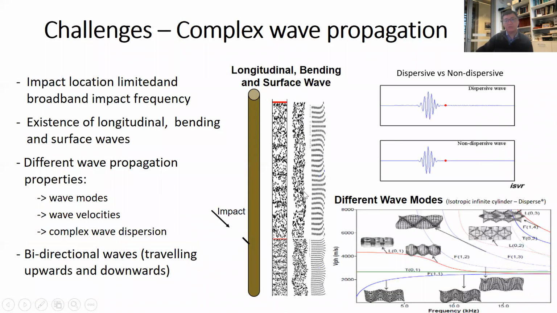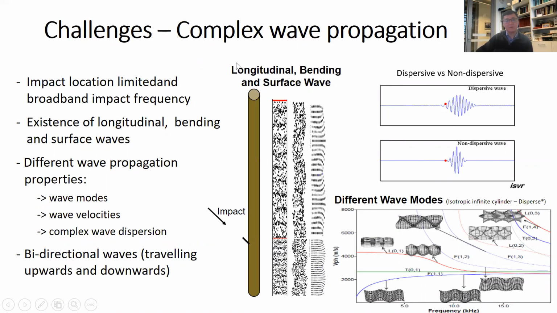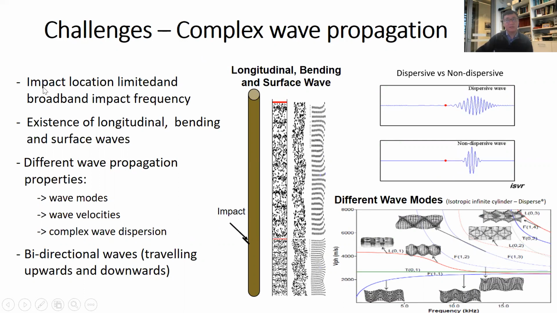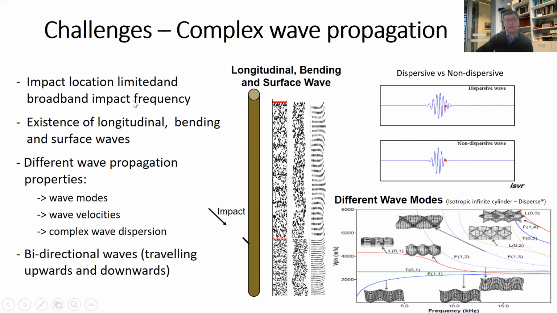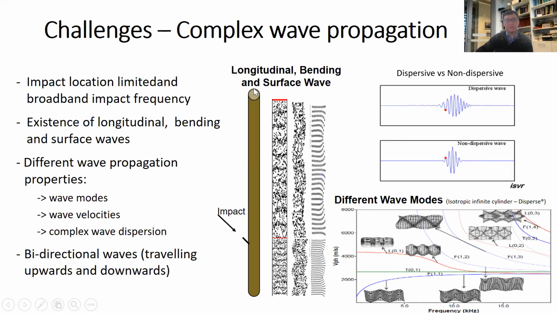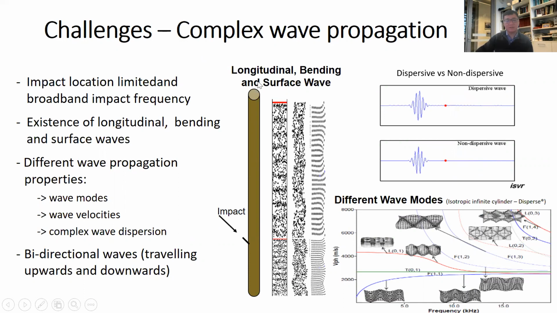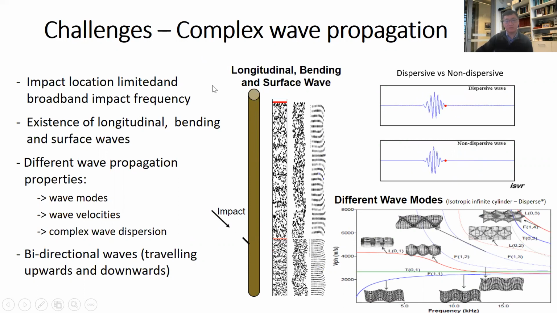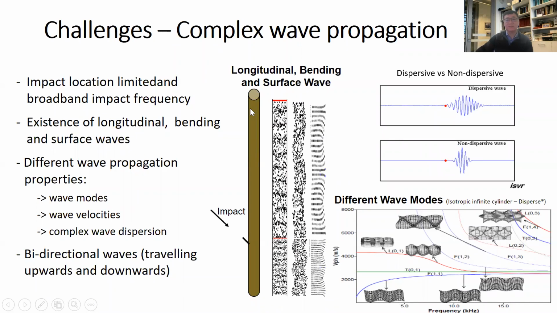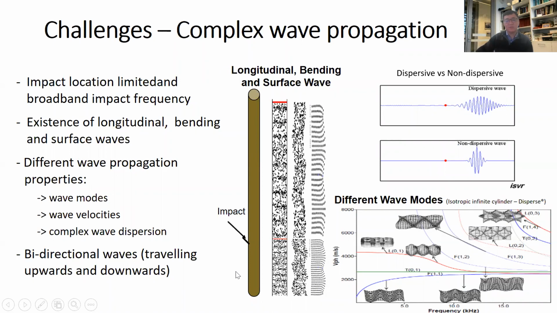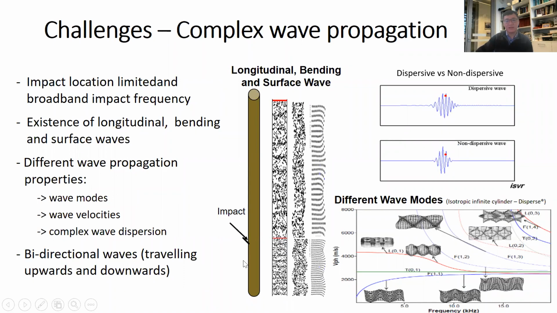In addition, we also need to understand the complexity of wave propagation due to practical constraints in the operation field. Ideally, you would like to impact from the top of the pole, which is 12 meters in length, but you can't, not to mention the live electrical wires there. So the standard practice is that we impact around up to 1.5 meters area.